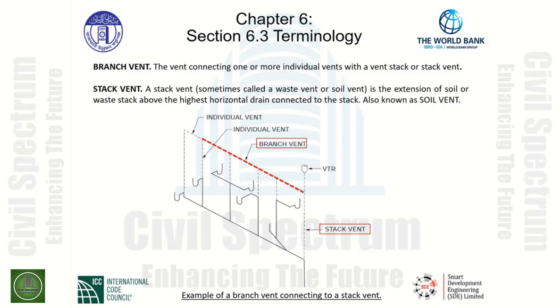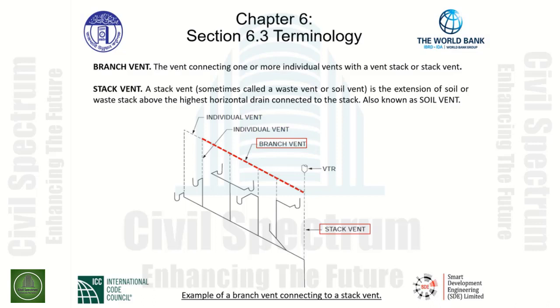the definition of a branch vent again indicates the vent connecting one or more individual vents with a vent stack or stack vent. The branch vent in this case is highlighted in red. As you can see, the very last fixture on this drawing rises up with an individual vent. Upon the connection of the second individual vent from the fixture located downstream, this is where the branch vent begins.